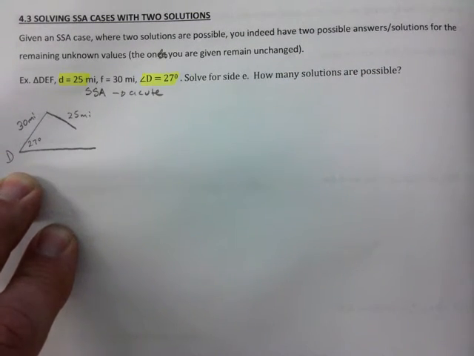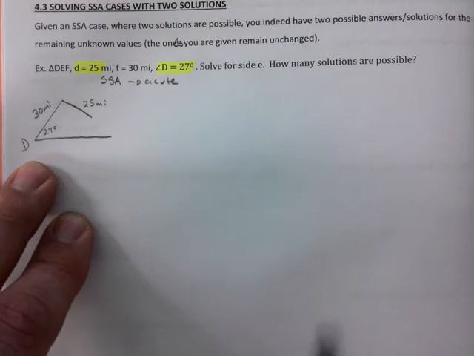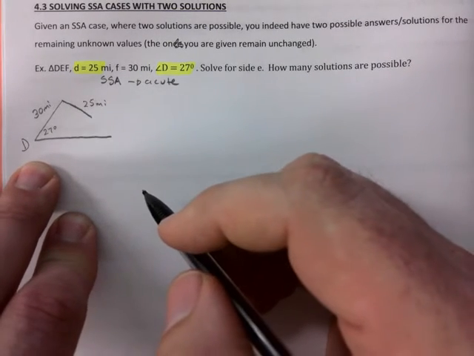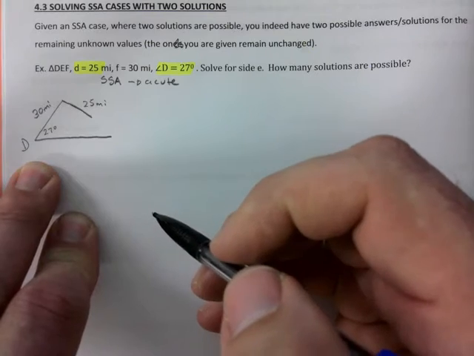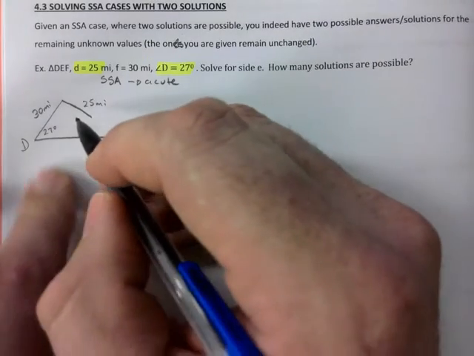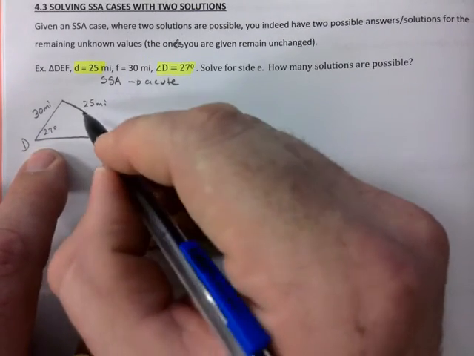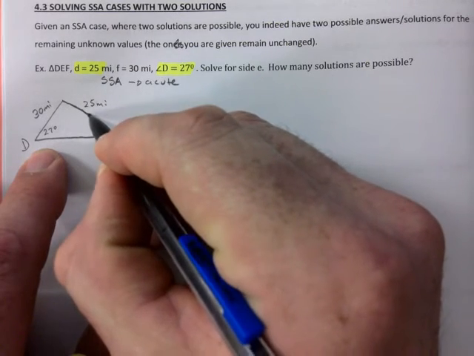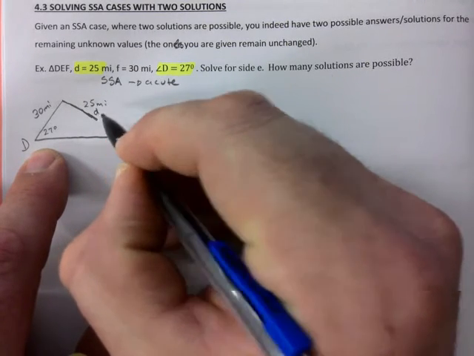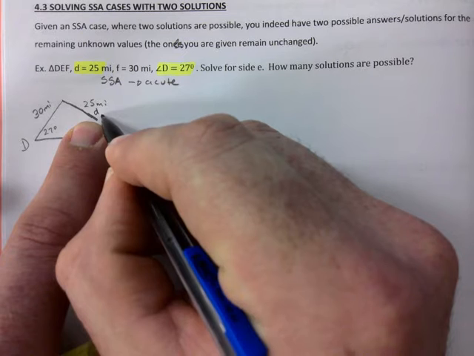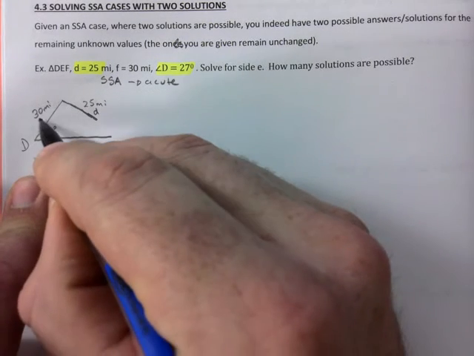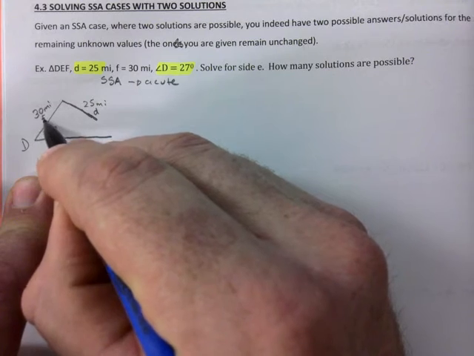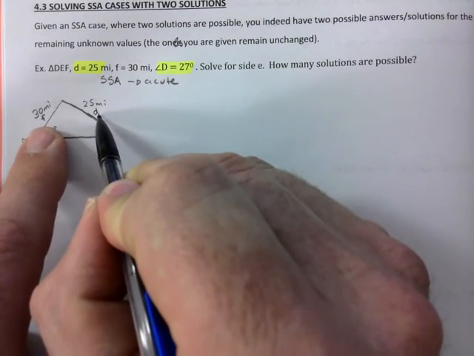Let me just get, I'm saving room because I need room. There's a reason why this whole page is empty. And let's make sure we understand that this side here is side D, lowercase d. And the other side that I'm provided with is side F. So we have to make sure we understand that, D and F.